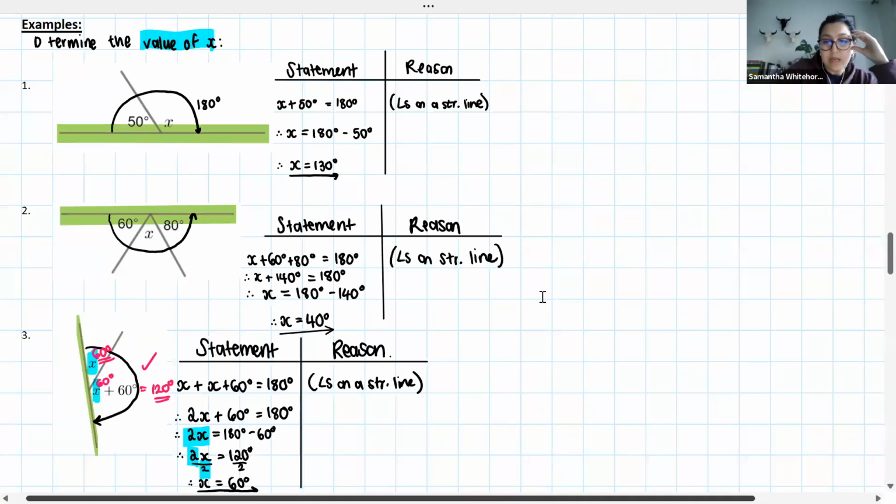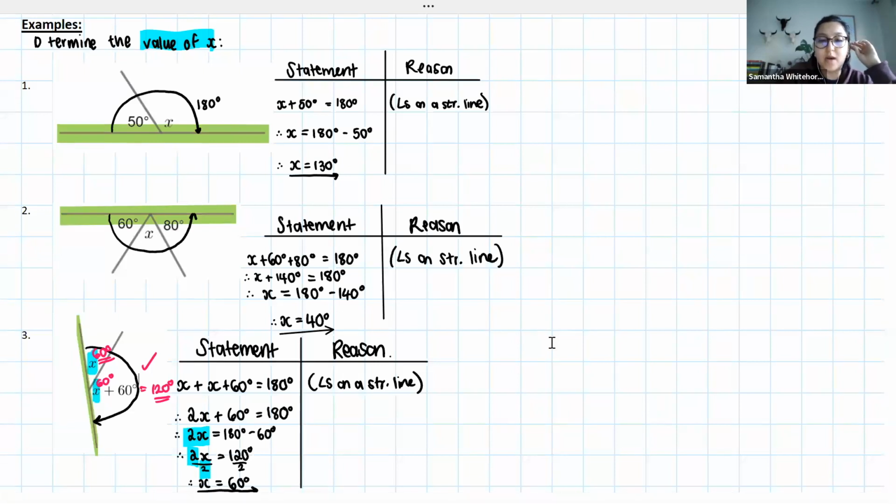It is, so we can involve y, but generally we'll have enough information in the rest of our diagram to solve for x, and then that will help us to get y. At this point in grade 8, we'll never ask you to solve for x and y at the same time. It'll be solve for x, and then in the next question, solve for y, and you'll be able to use what you got for x to help you get y. Thank you, ma'am.